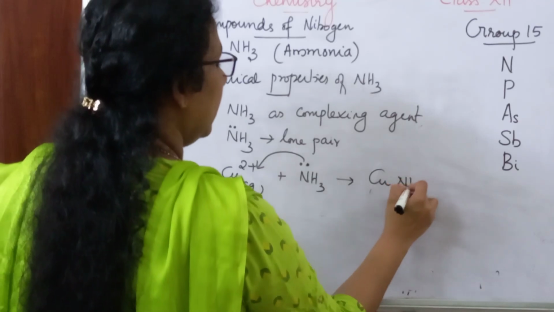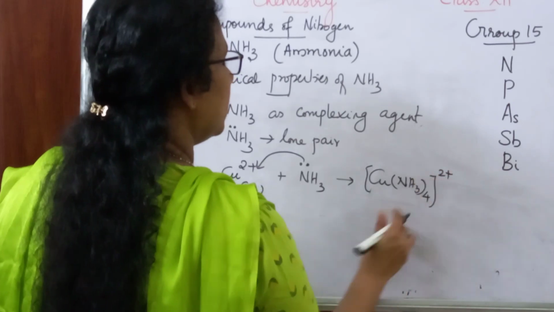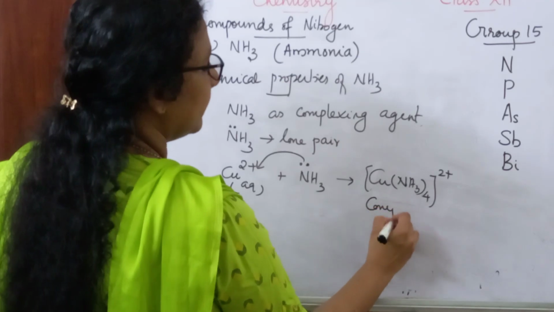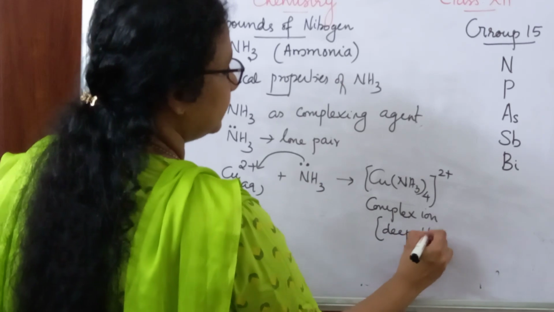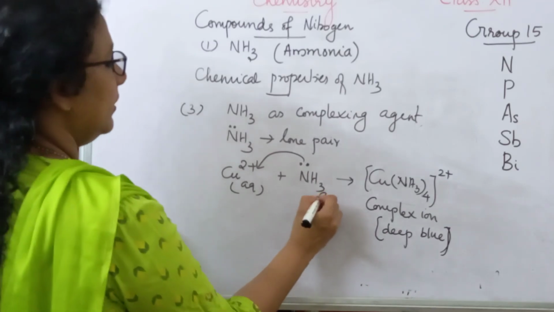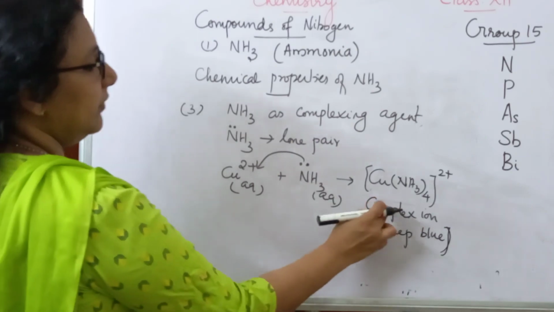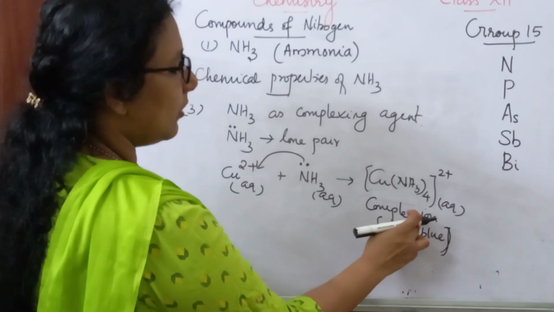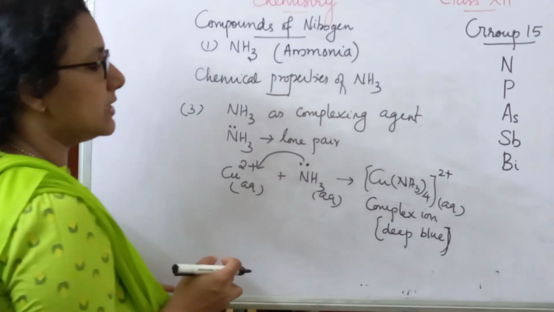Here [Cu(NH3)4]2+ will actually be formed in this case. So this is a complex ion, and it is deep blue in color. So if you use an aqueous solution of ammonia and an aqueous solution of copper salt, we will get a complex ion, and due to the formation of this complex ion, a deep blue color is formed.